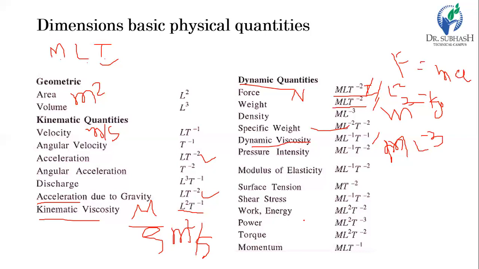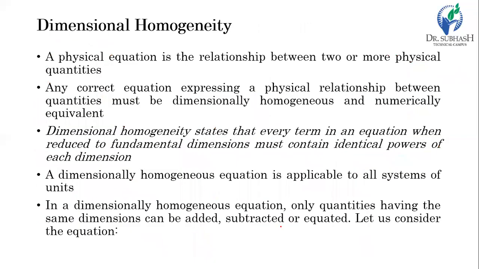Okay, let's see one other parameter, which is dimensional homogeneity. A physical equation is the relation between two or more physical quantities. Any correct equation expressing a physical relationship between quantities must be dimensionally homogeneous and numerically equivalent.